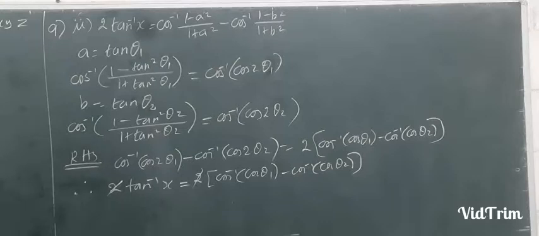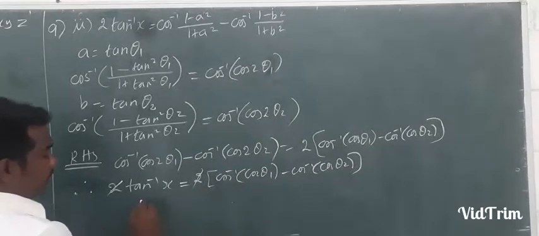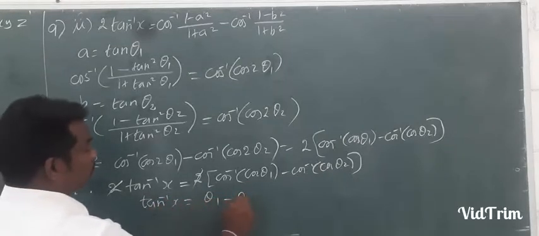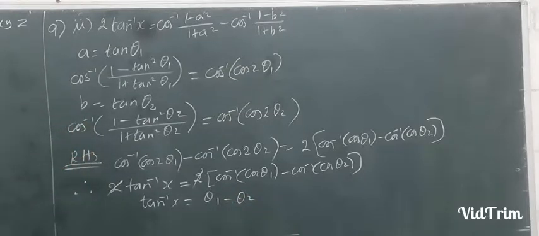The remainder term is tan inverse x is equal to cos inverse of cos theta 1 minus cos inverse of cos theta 2. According to the first property, tan inverse x is equal to theta 1 minus theta 2. Do you have any doubt about that? The easiest sum, you don't get any confusion for that.